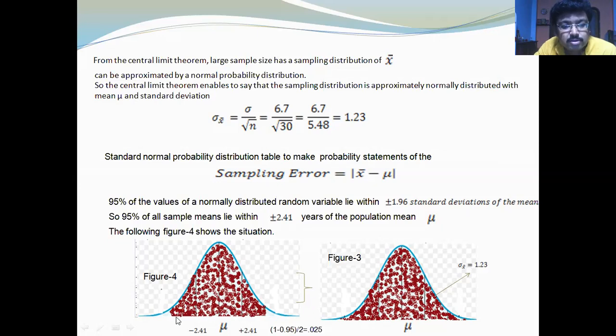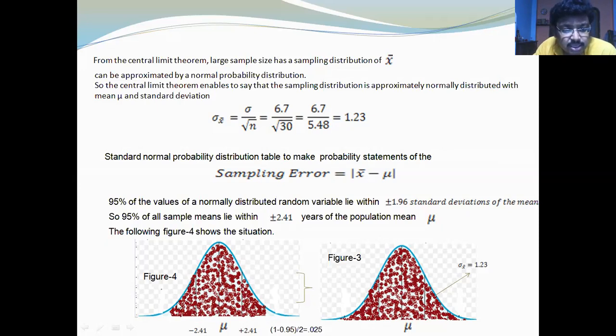Now look at this. Here is the interval estimation of the population mean. This area is 1 minus alpha. What is the 95%? 1 minus alpha is the 95%.